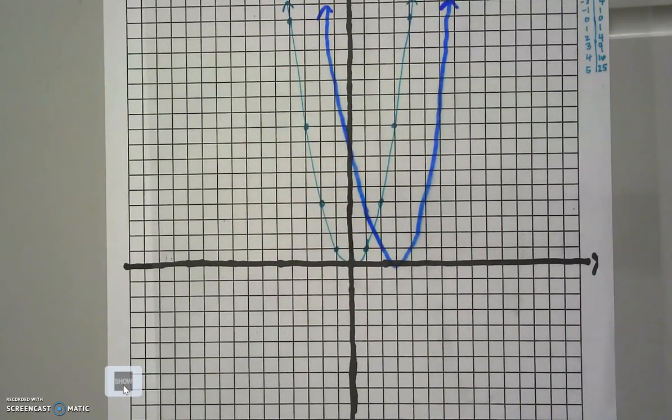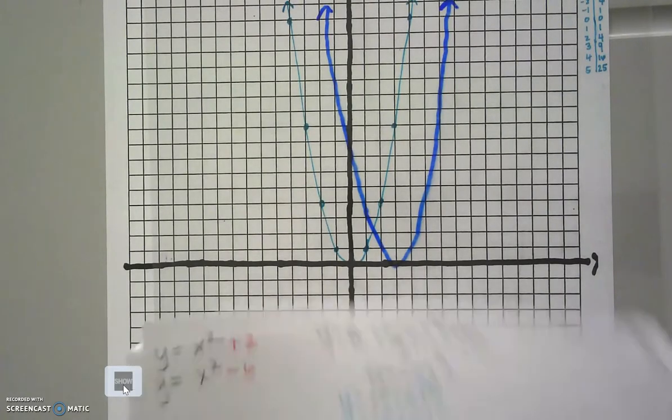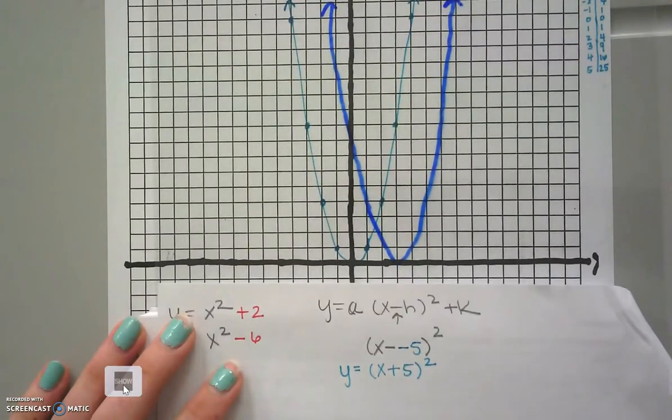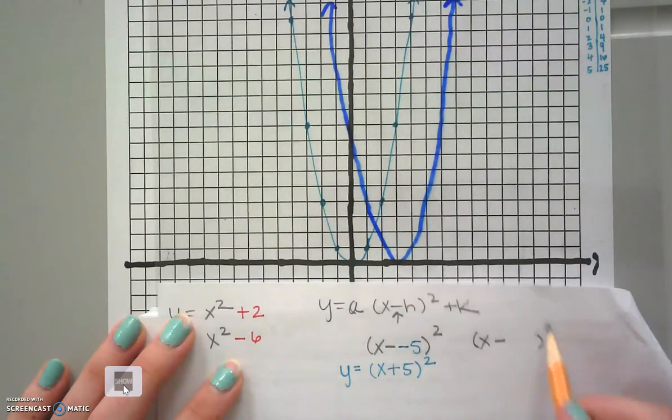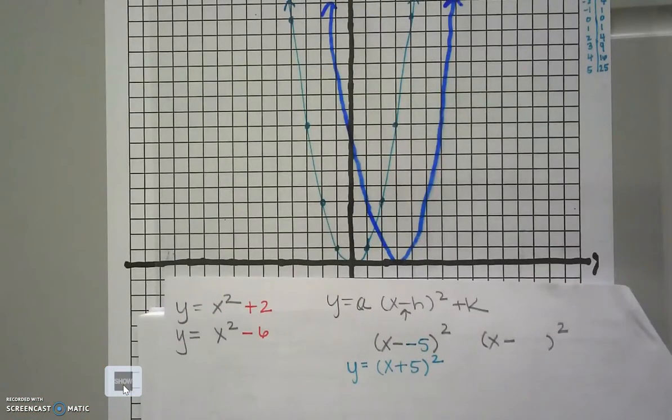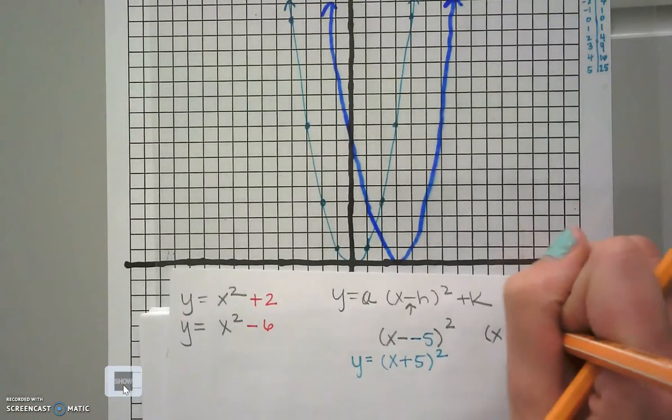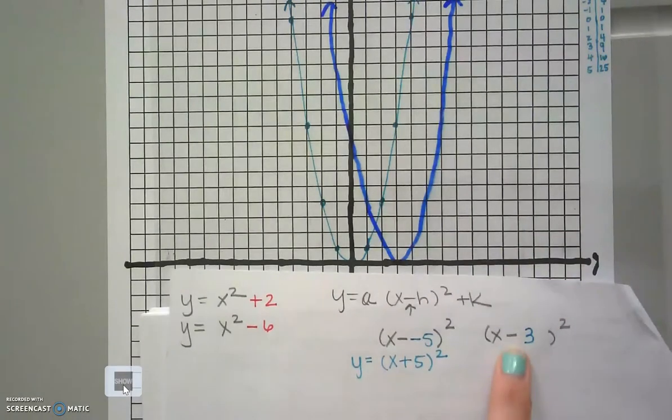If I want to write an equation for this, remember that my template is x minus something. How many spaces did I tell you to go right? 3. So you just put in a 3. That's why it looks opposite. That's telling me to go to the right 3.